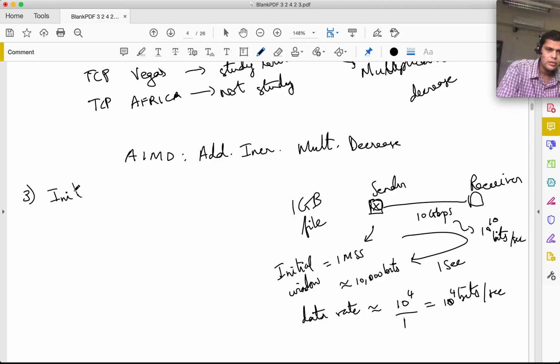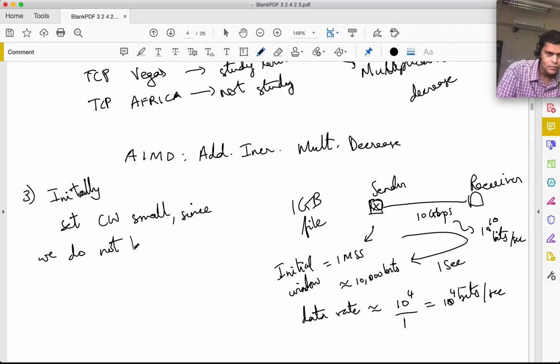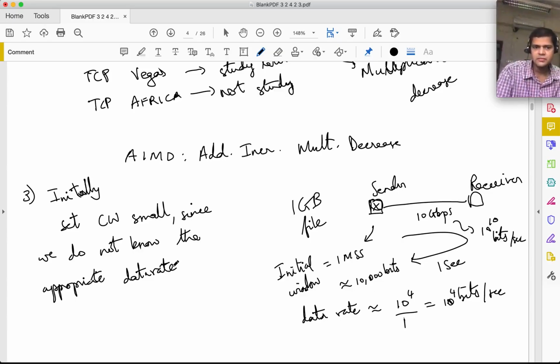So initially set window size small, since we do not know the appropriate data rate at which we should send into the network. So we are being conservative over here. Right? We don't want to congest the network by having a very large window size initially.